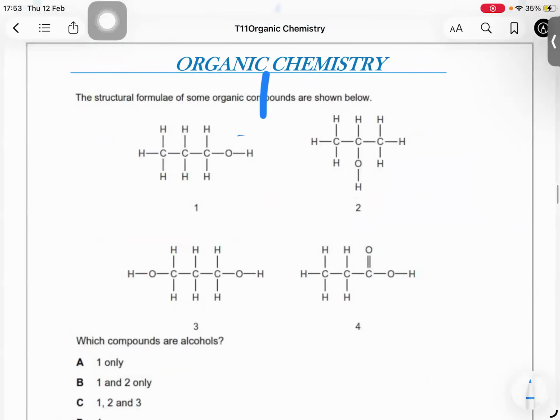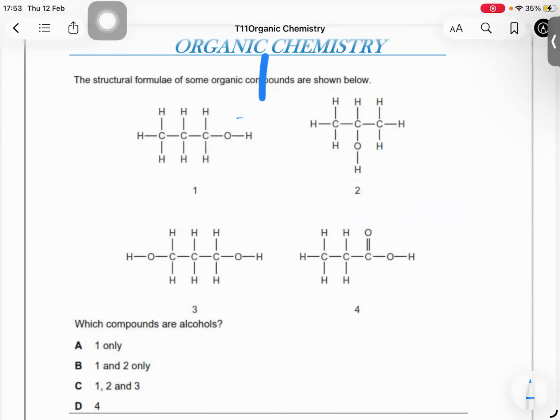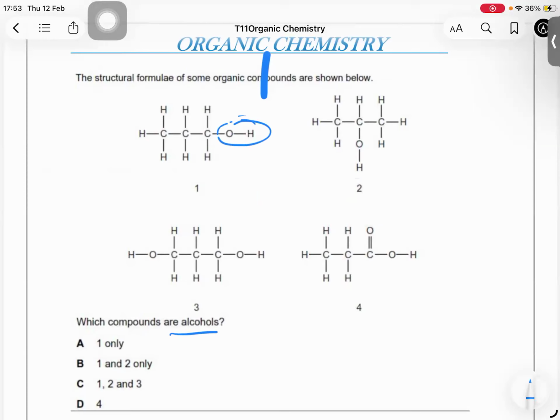Okay, the structural formulae of organic compounds are shown here. Which compounds are alcohols? 1 is an alcohol, 2 is an alcohol, 3 is an alcohol. When you have 2 alcohol groups, just as you say dicarboxylic or dioic, you call it a diol, but it remains an alcohol with all the properties.